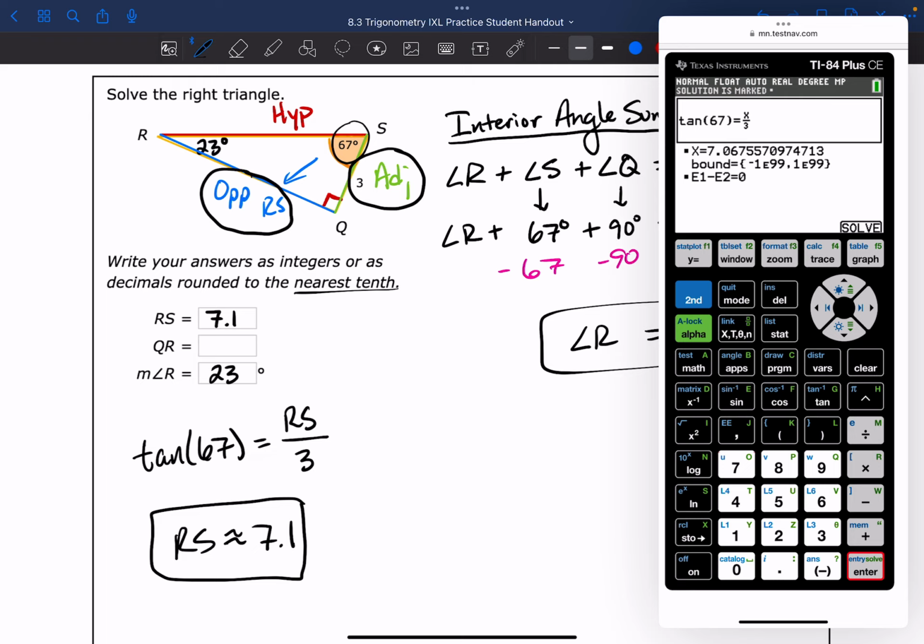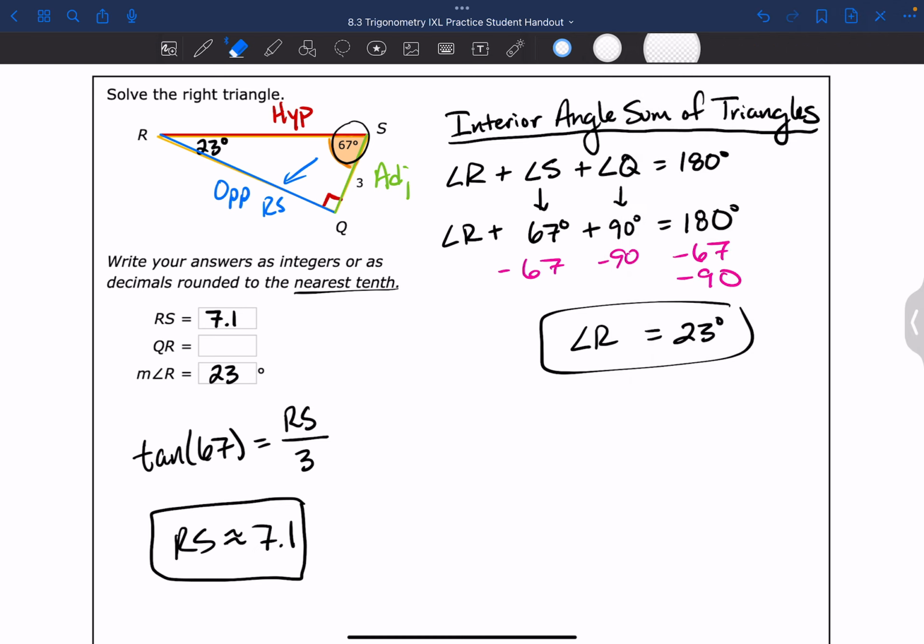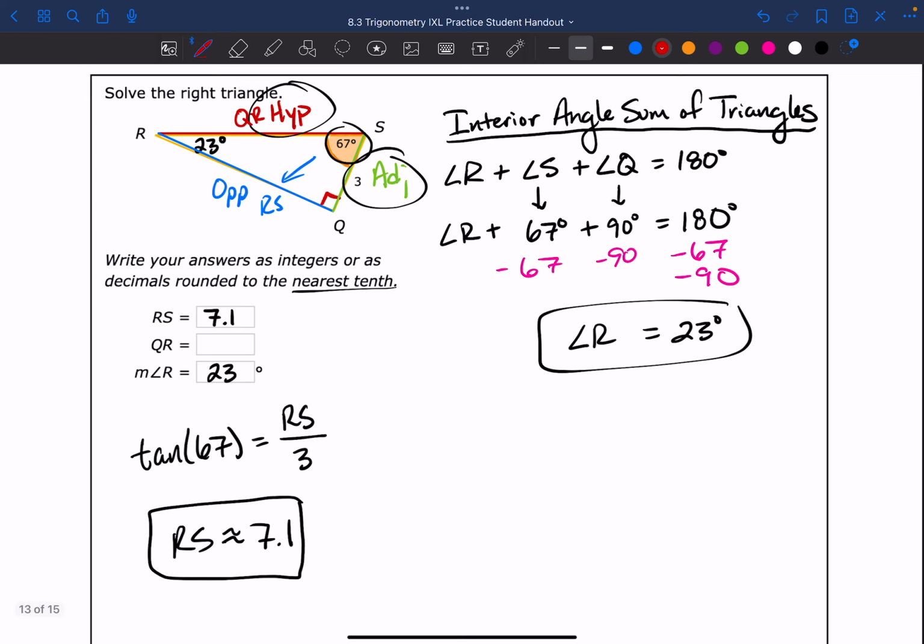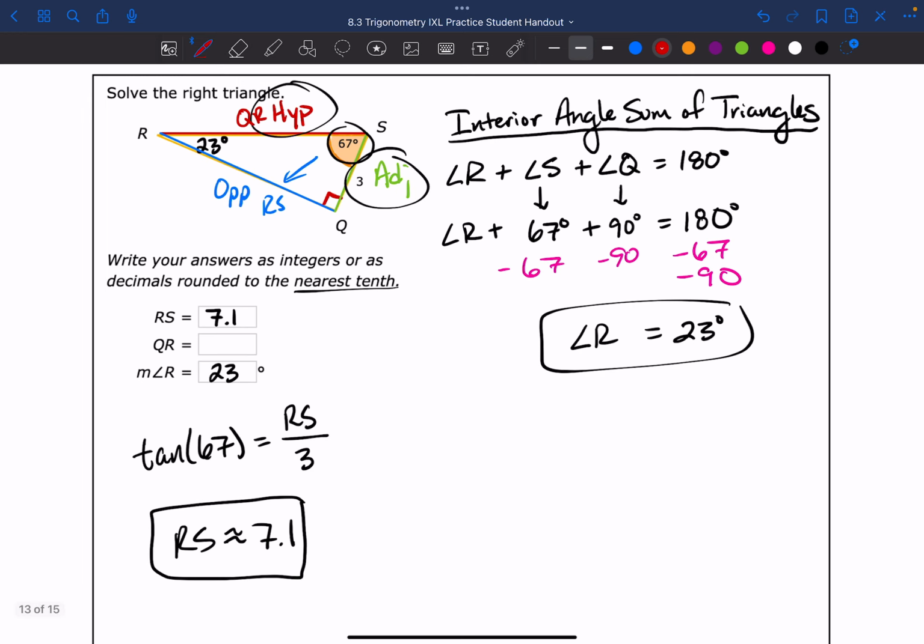Now I need to find QR. Looking at my triangle again, I have 67 as my angle. I'm given the adjacent, and I'm looking for my hypotenuse. This is QR. So I need a trig ratio that deals with adjacent and hypotenuse.